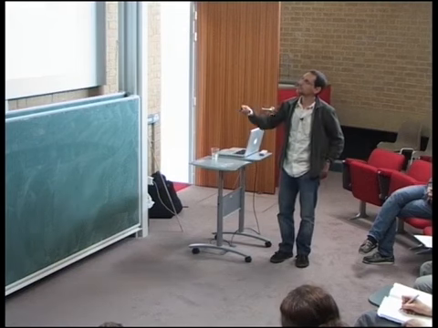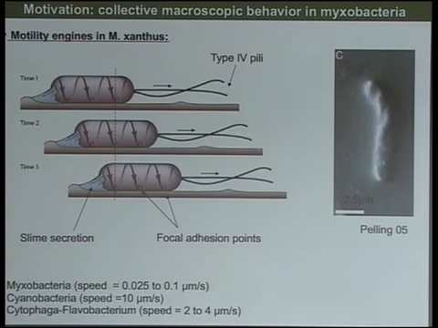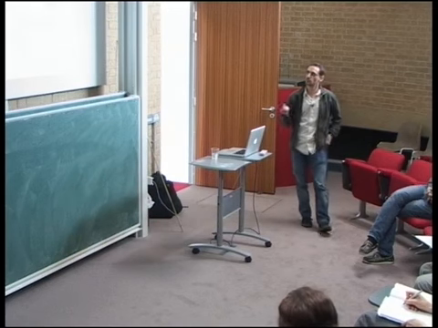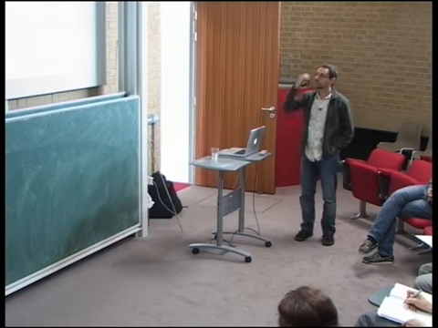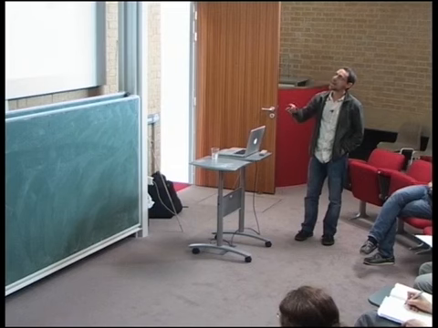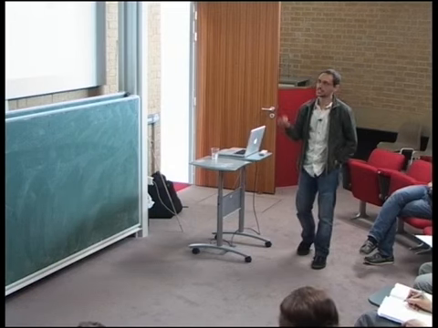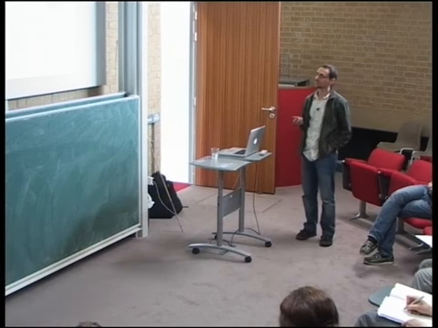Then the other mechanism is by type 4 pili. The idea is that they anchor these pili somewhere, typically on other bacteria, and by retracting the pili, they can move the cell forward. That is why it's called the S motility engine. The S stands for social.